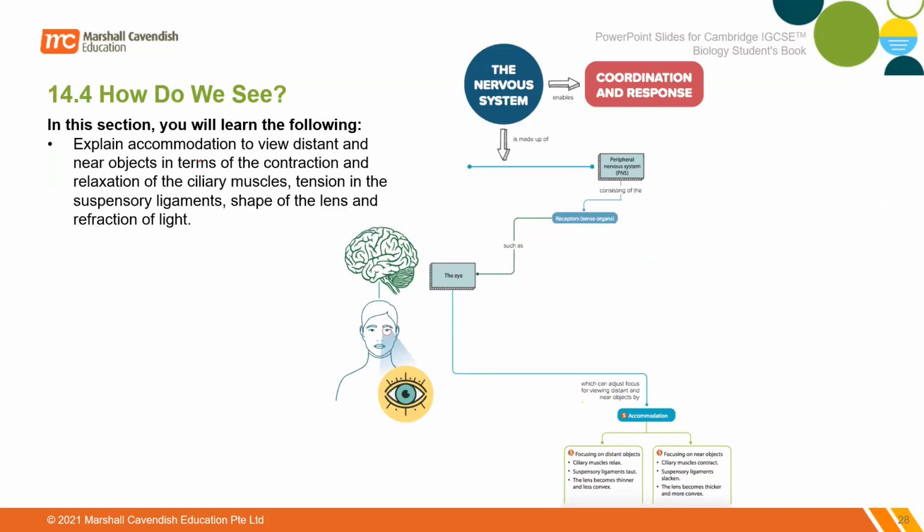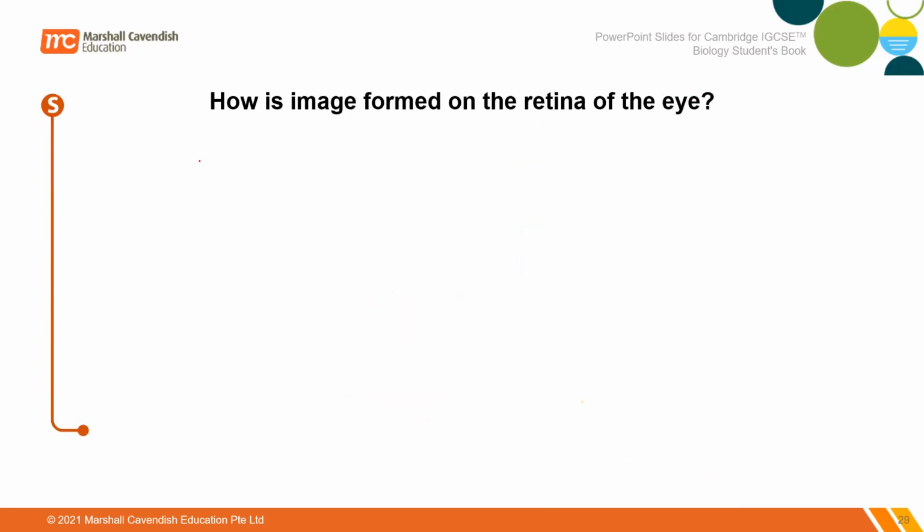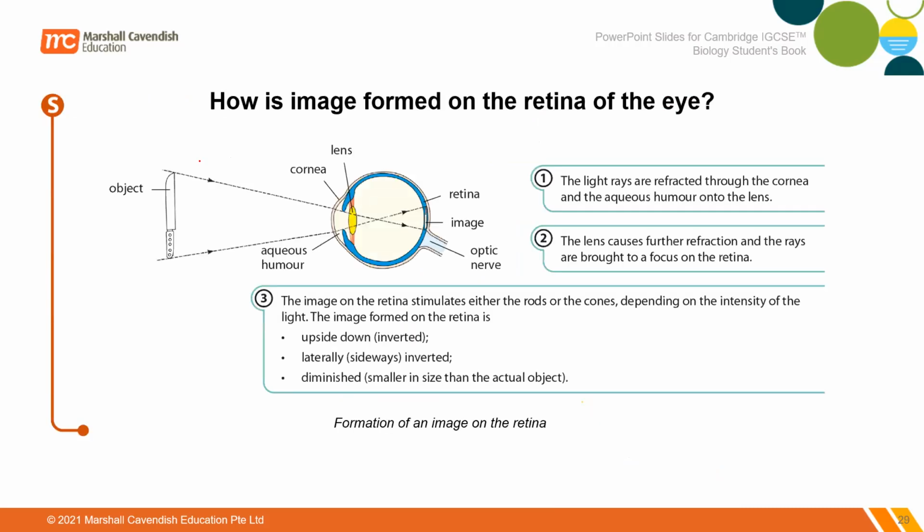In eye accommodation, I'm telling you what changes happen in the dark, and when we have a distant object, and when we have a nearby object. Eye accommodation, or the supplement part, is mainly the part where we have to expect a lot of questions.